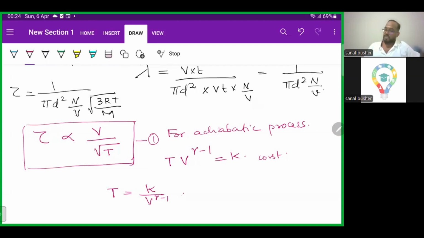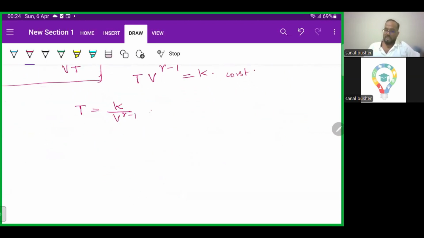So substitute this T value: tau is proportional to V upon root of K divided by V to the power gamma minus 1.